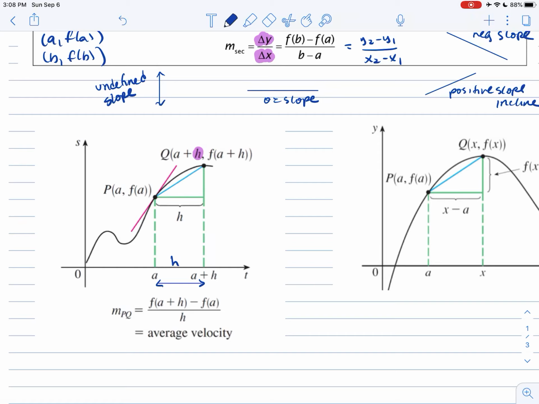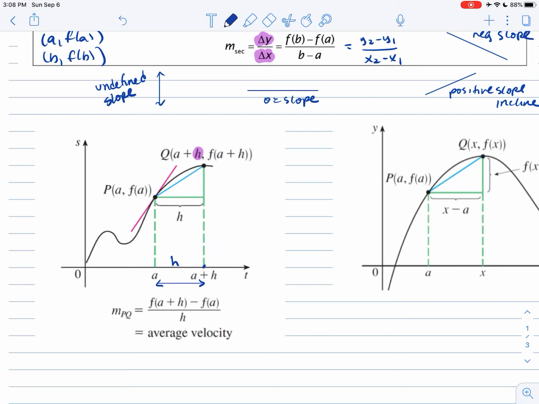But if we were trying to calculate the slope of the tangent line, which is what you see in pink up on the curve, we're going to want to first try to calculate the slope of a secant line to a point that's very close to that point A, maybe a small distance h away from A.